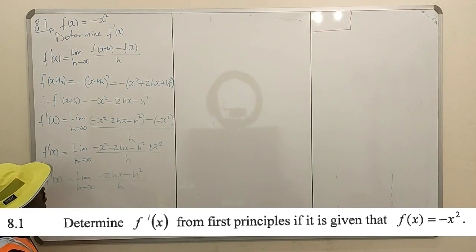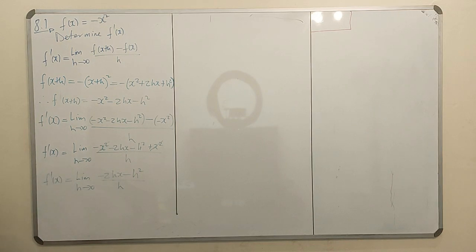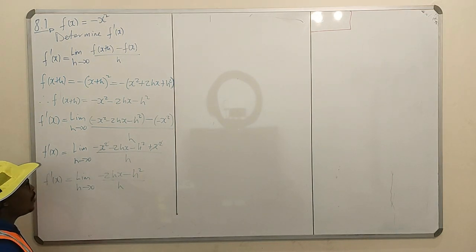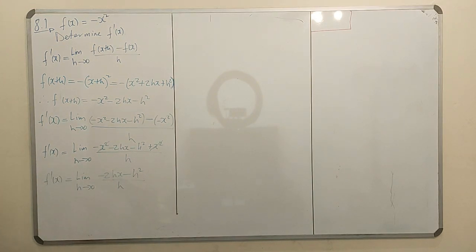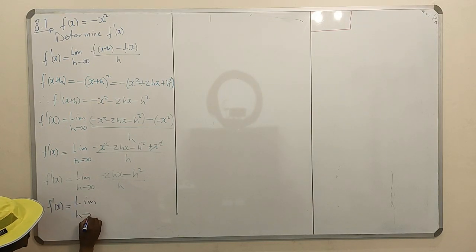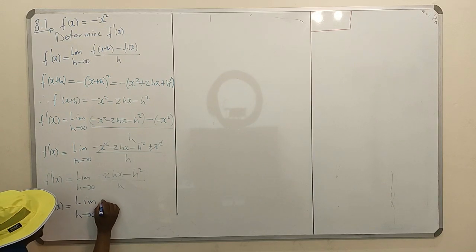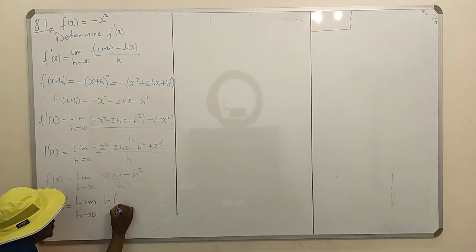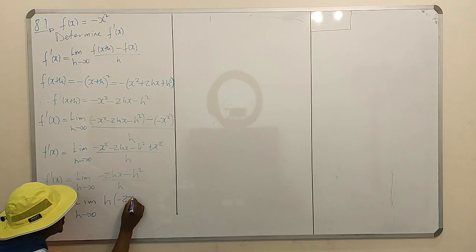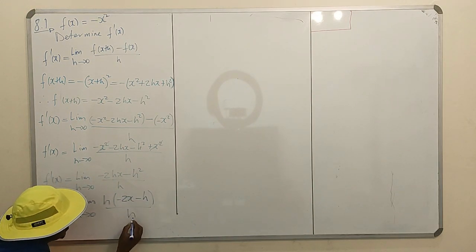So from here, we take out our common factor. What is our common factor? Our common factor is h. So you take h out as a common factor. You're left with f prime at x is equal to the limit as h goes to 0 of h as a common factor, and inside you'll be left with negative 2x minus h, over h.